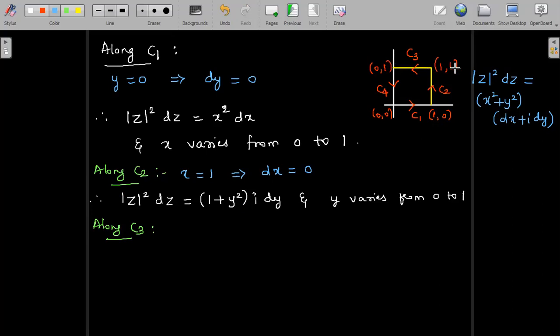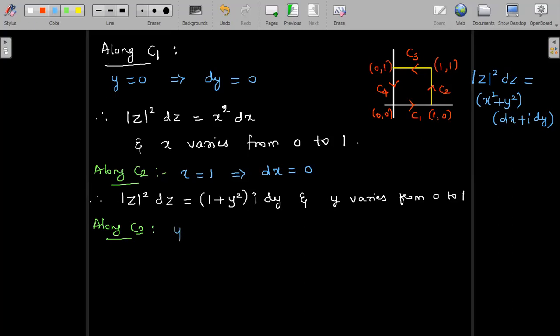That is from Q to R we are traversing. So when we look at the arrow mark, it is towards the left, so x varies from 1 to 0, whereas the equation of this line is y is equal to 1. y is constant here, no? That is the reason the equation of this line is y is equal to 1.